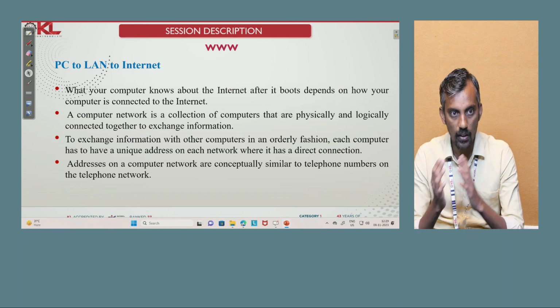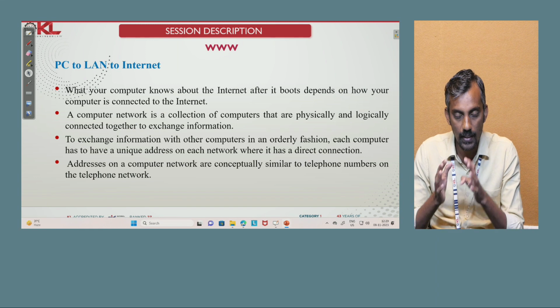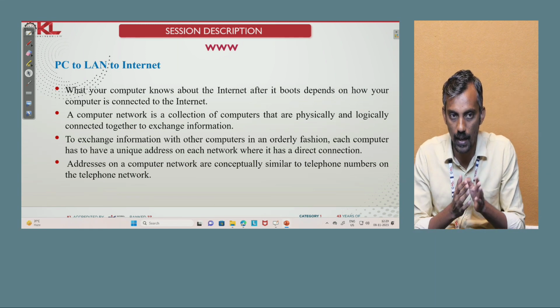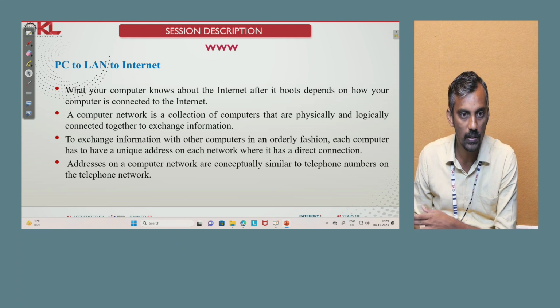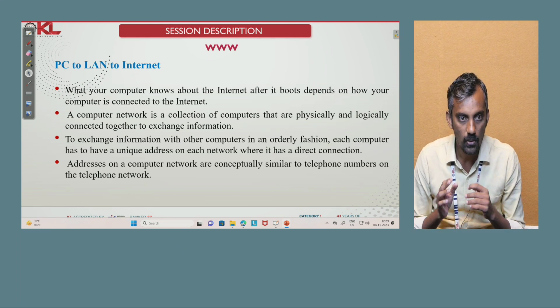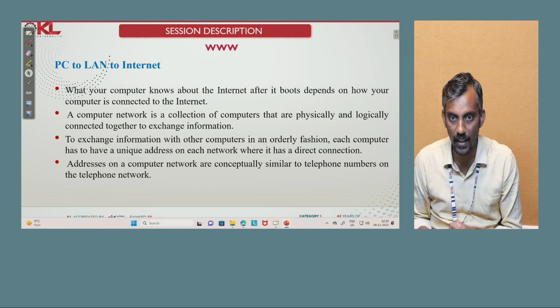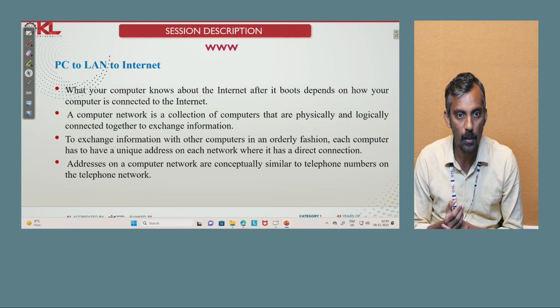So, how does the World Wide Web work? First, the computer connects through local area networks to the internet. What your computer knows about the internet after it boots depends on how the computer is connected to the internet.